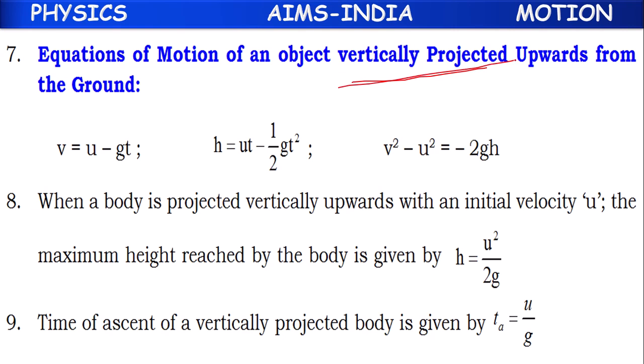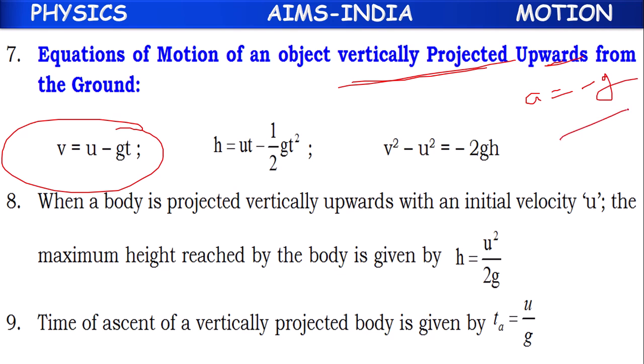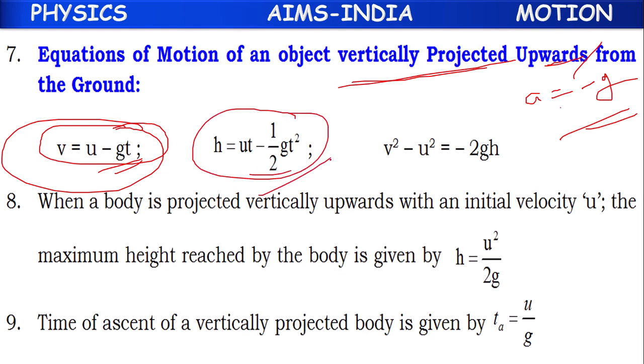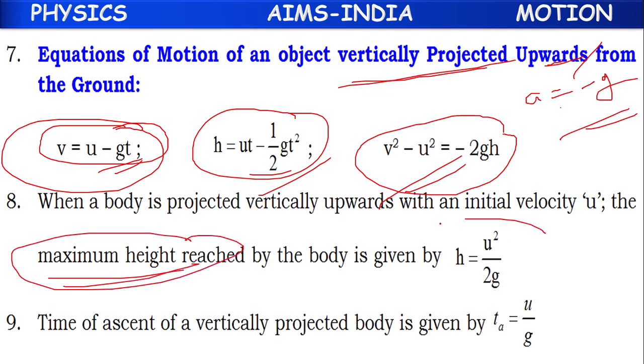So for a vertically projected upwards body, v equals u minus gt, because for a vertically projected upwards body, the a value we have to take as minus g. So the first equation, v equals u minus gt, h equals ut minus half gt square, v square minus u square equals minus 2gh. The maximum height formula is u square by 2g, also denoted as h max for a vertically projected body.